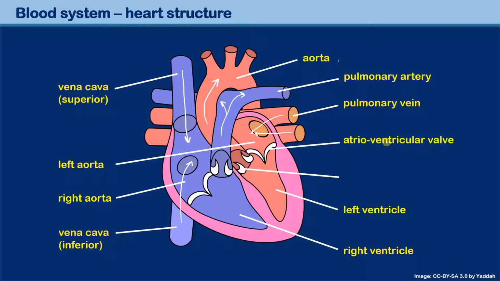And we have the atrioventricular valve over here. It's this one over here. There's another one over here, the atrioventricular valve, and these valves over here are referred to as the semilunar valves. These over here.